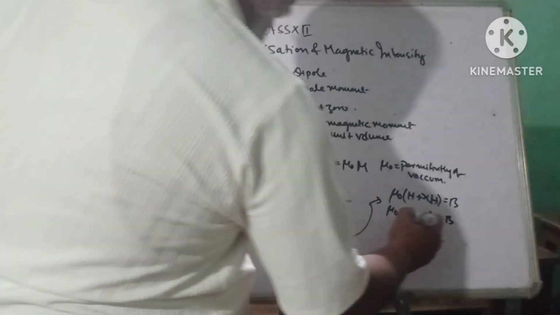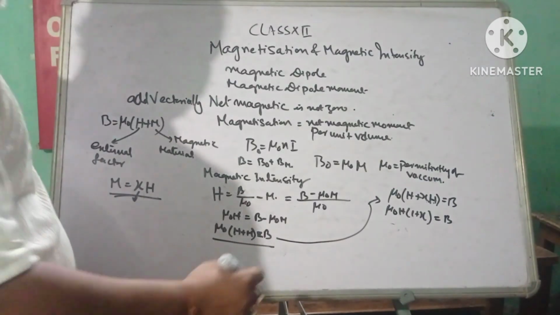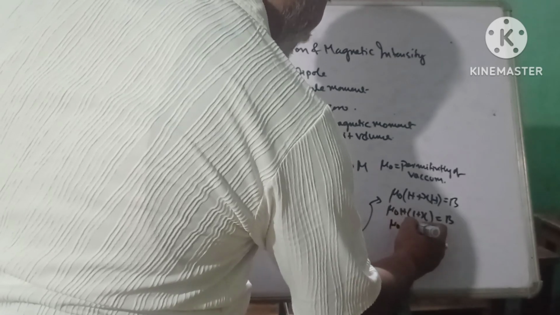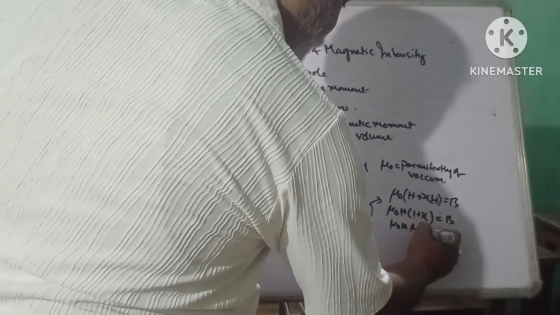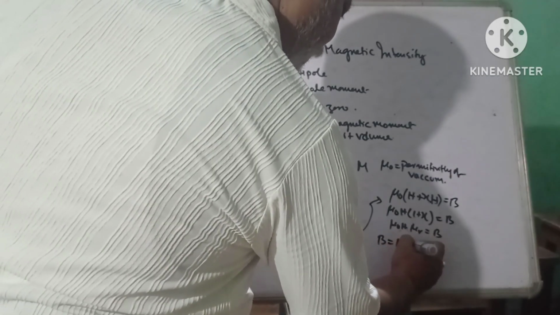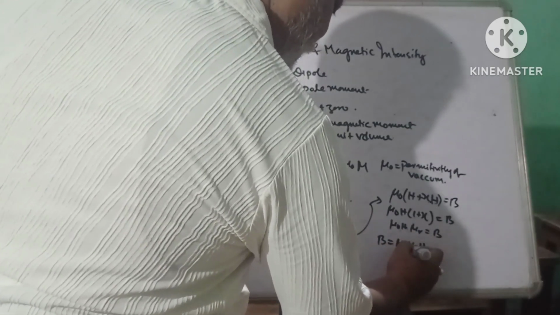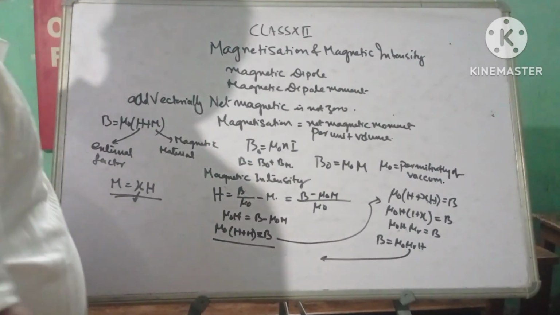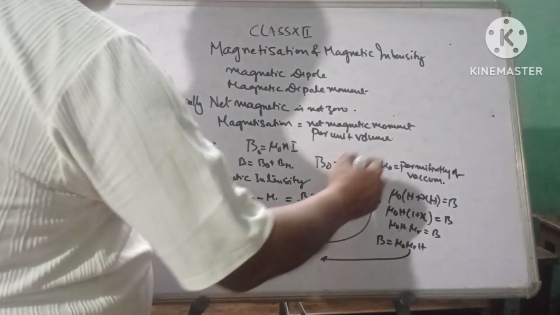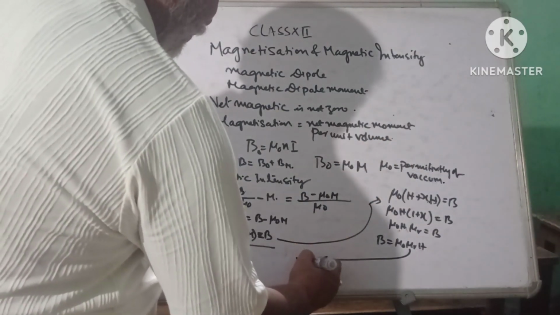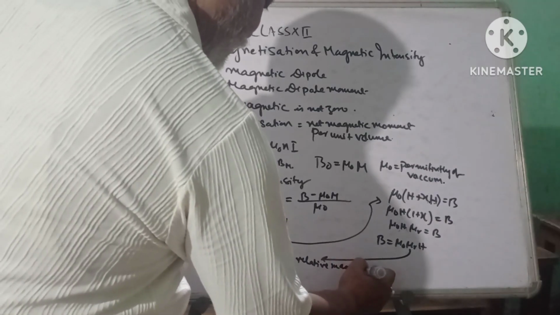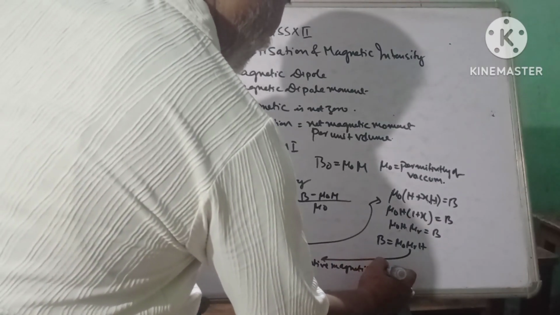So this is B, this is magnetic susceptibility. So here this is mu naught mu R H, equal to B. So your magnetic field will be mu naught mu R into H. This is mu R, the relative magnetic permeability, permittivity, sorry.